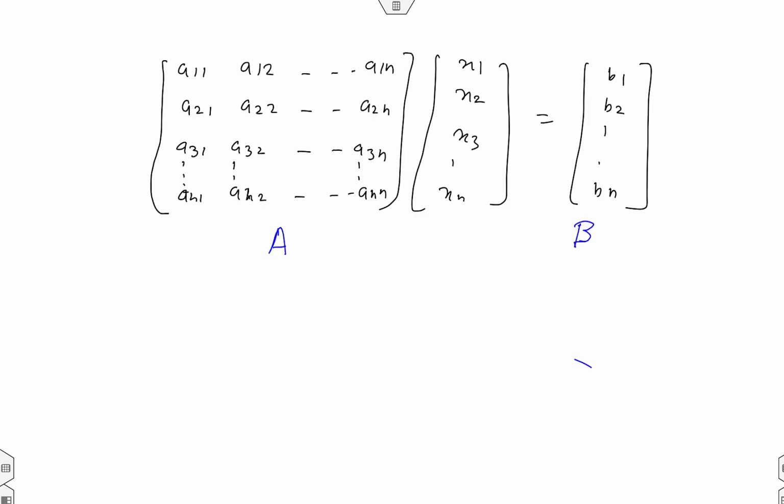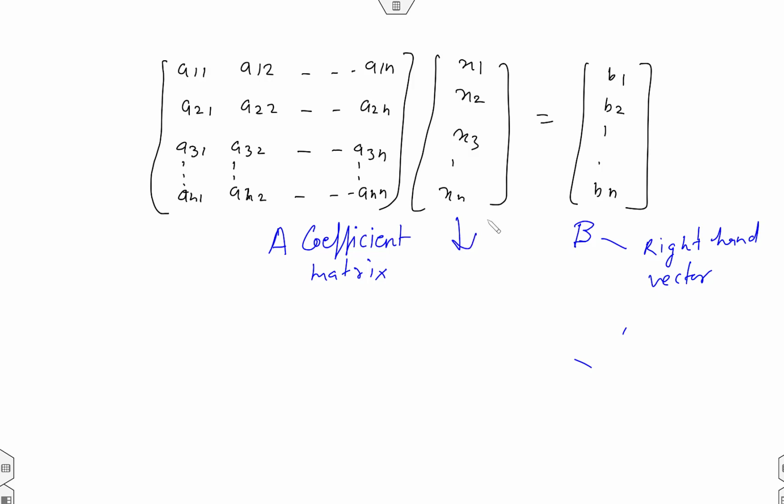In the Gauss elimination method, first of all we write the system in the form Ax equal to b, where A is the coefficient matrix of the system Ax equal to b, and b is the right hand side value of the system, that is the right hand vector. X is the unknown, that is also a vector of unknowns.